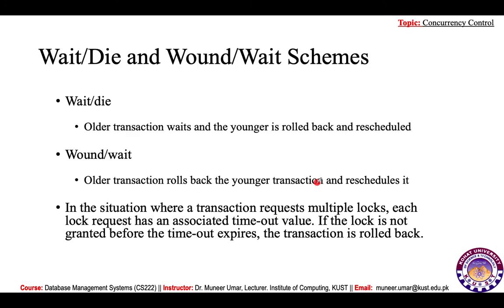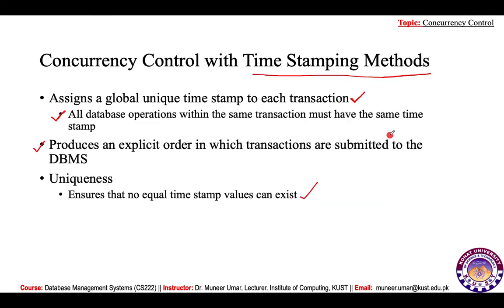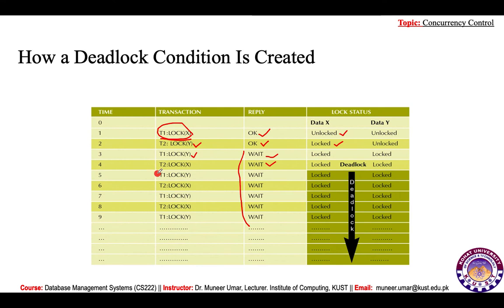Then we have two terminologies, wait-die and wait-wound schemes. In wait-die, the older transaction waits and the younger transaction is rolled back and rescheduled. It is actually due to this thing here.